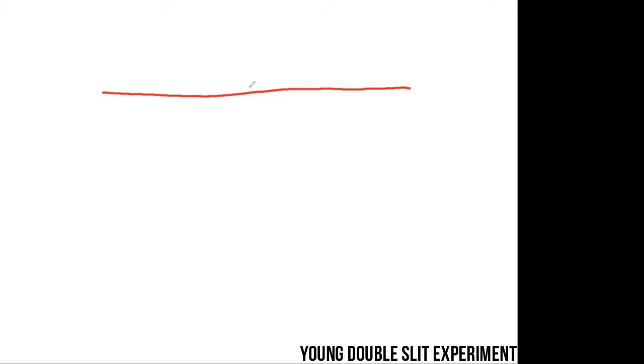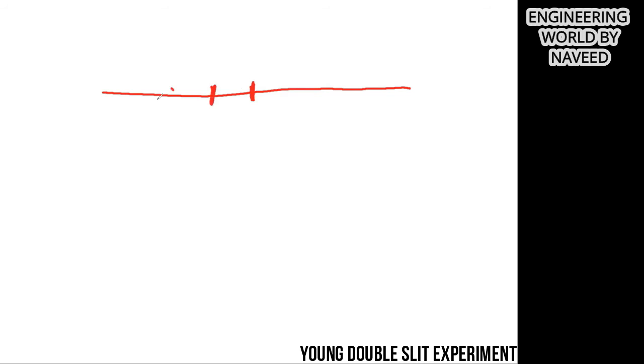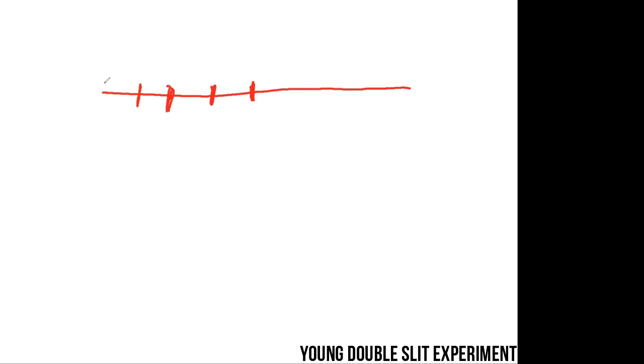Let's say this is the central fringe. Here you have other fringes like this: bright, dark, bright, dark. So this is actually what I am discussing, the mirror. And let's say this is the intensity, and let's say I'm using a double slit.